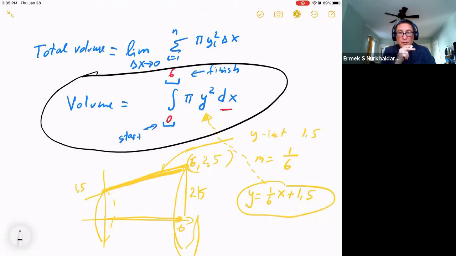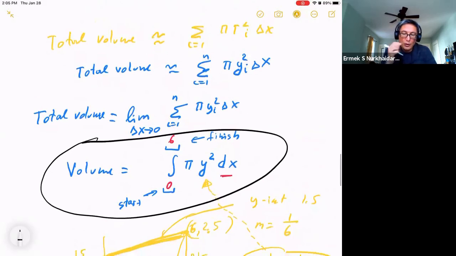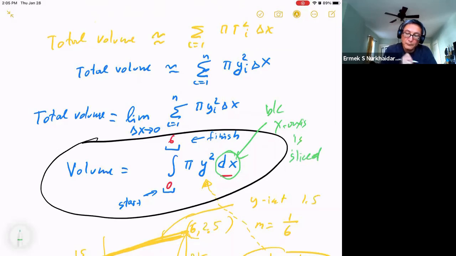Okay, now let me summarize what we did, and maybe we'll write down a shortcut formula if you like. So let's see. dx here, because we were slicing the x-axis. Because the x-axis is sliced, obviously that's dx.